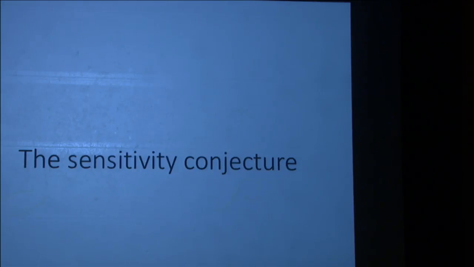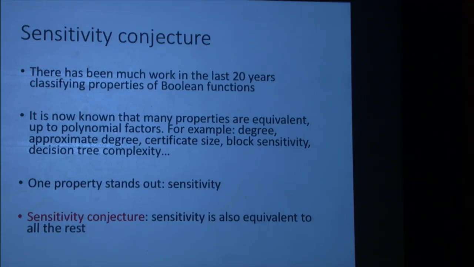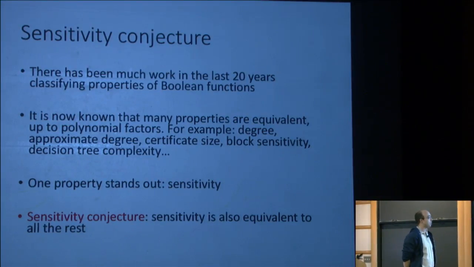So what is the sensitivity conjecture? It's really coming from trying to characterize properties of Boolean functions and how they relate to each other. What we know nowadays, after maybe 20 or 30 years of work, is that there are many, many properties that are in fact equivalent, if you define equivalent as up to polynomial factors.